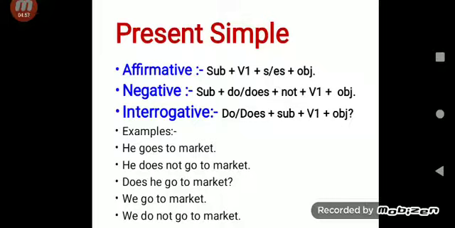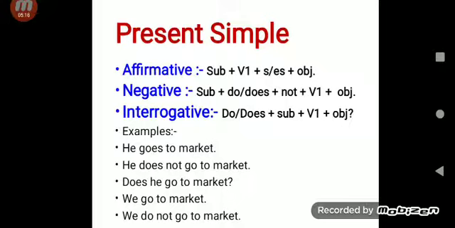So as you can see, he goes to market is an affirmative sentence. He does not go to market is a negative sentence. And does he go to market is an interrogative sentence. We go to market is an affirmative sentence.